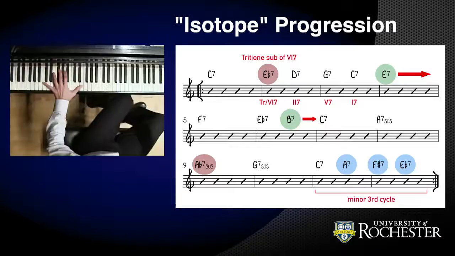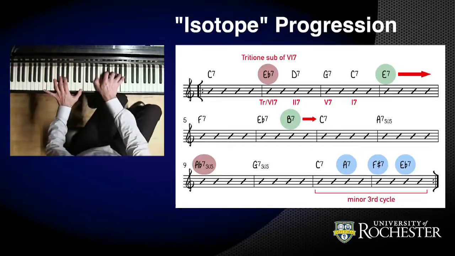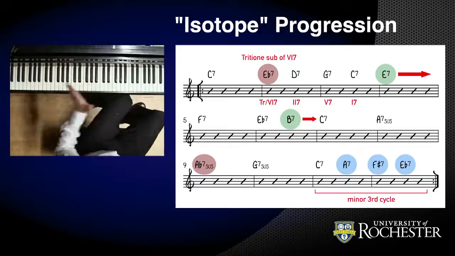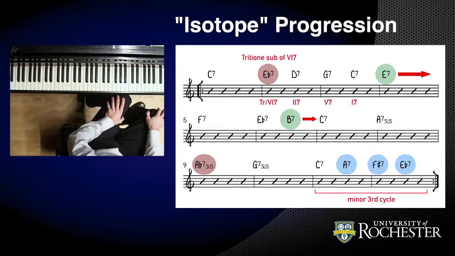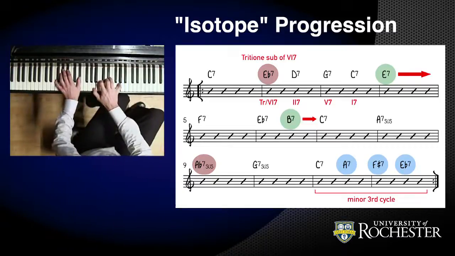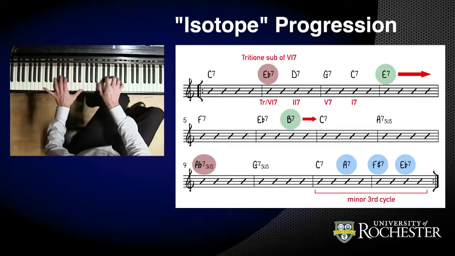So in measures 1 through 4, we still have that C7 that is hierarchically more important than other chords. And then in measure 5, we get to our subdominant. In measure 7, we get to our tonic.